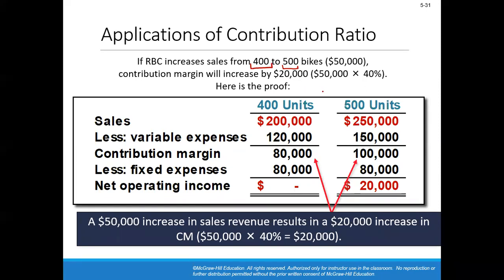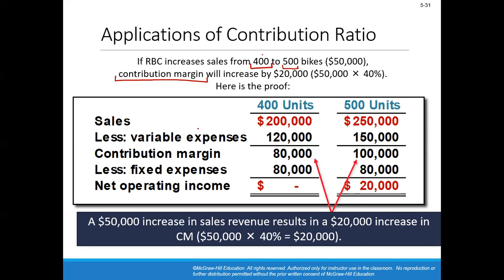So what will be the response of contribution margin to the change in sales units from 400 to 500 units? This is our new case: what will happen if our sales units increase to 500 from 400 units?